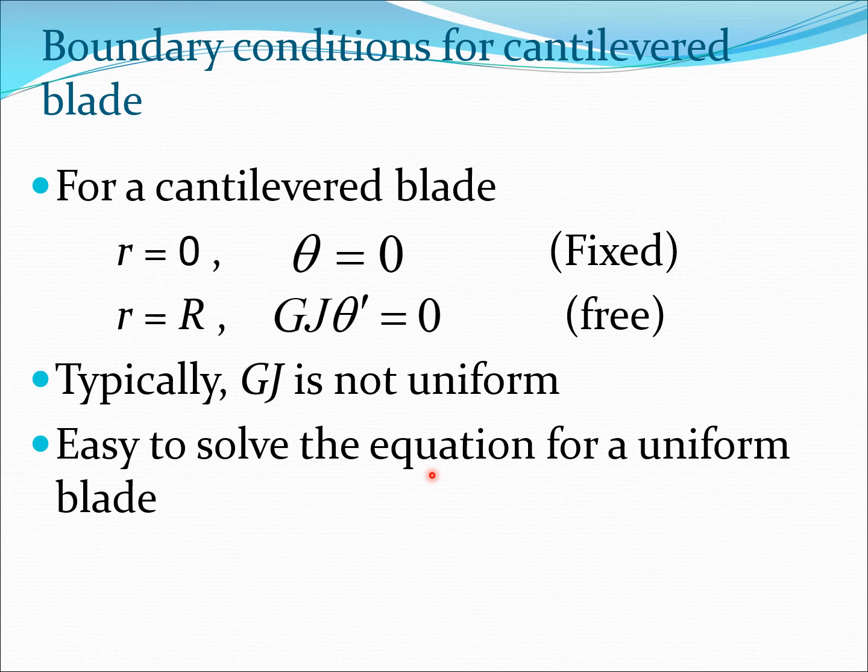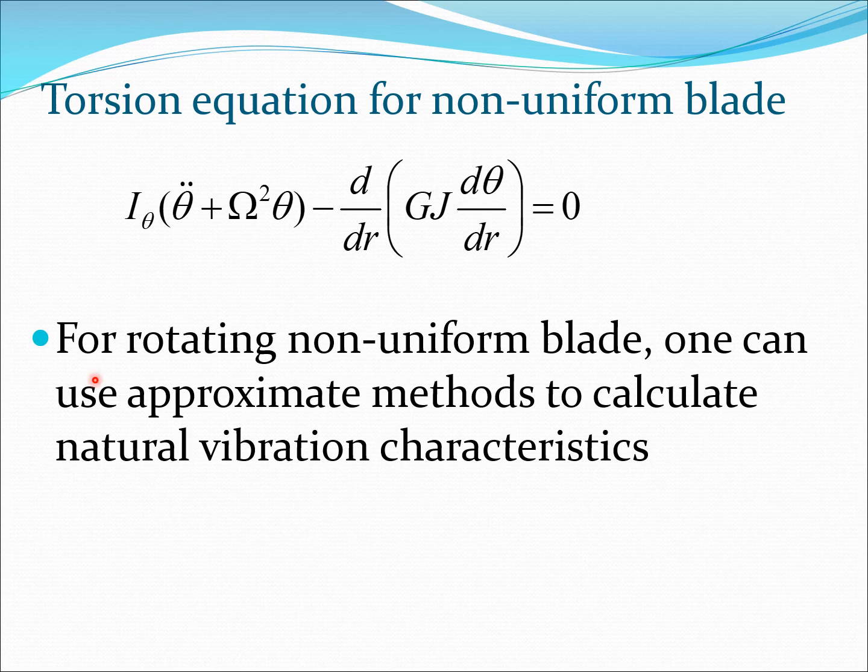Now typically GJ is not going to be uniform. You have seen the blades and you know that they are not uniform, but it is easier to solve the equation of motion for a uniform blade, and therefore to get a baseline solution we are going to do that. So let us again look at this torsional equation, and now I have dropped the forcing term because we are primarily interested in just solving this equation and finding the frequencies and the mode shapes.